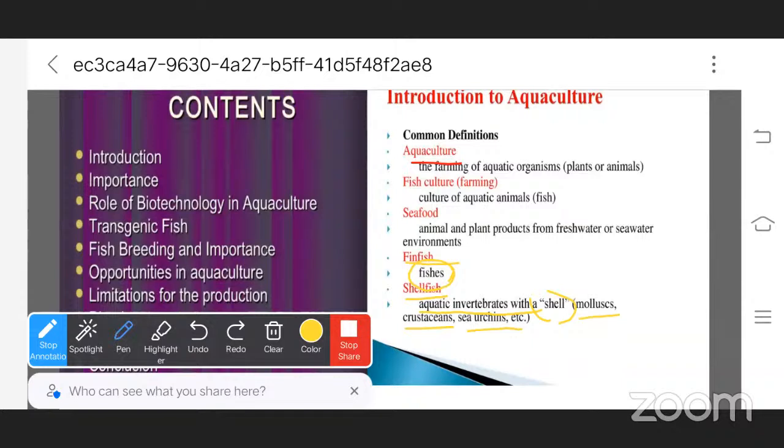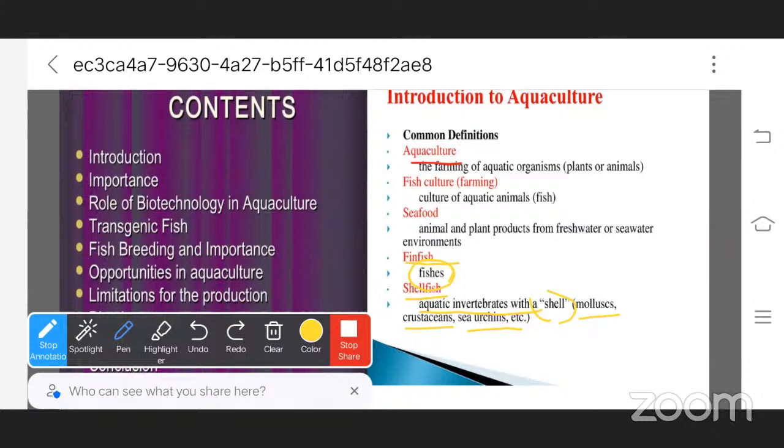Nowadays, the population has risen, and nutritional food is not available at low cost. That's why we should increase the food quantity as well as quality.